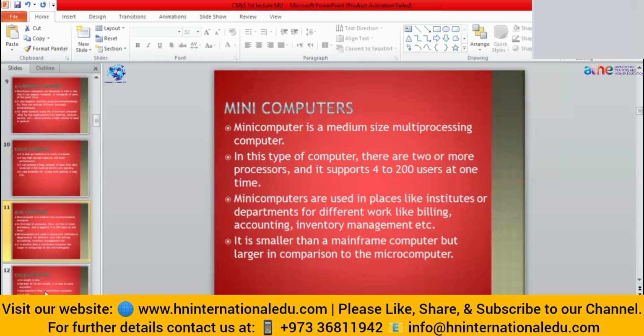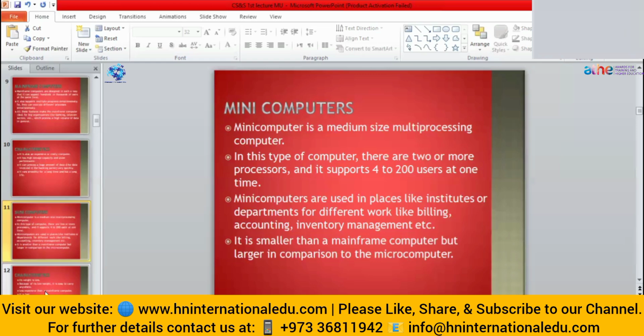But mainframe computers are expensive, and sometimes we have to handle hundreds of users at the same time, not thousands. In that environment, a mainframe computer will be too expensive for our use. So for that purpose, we utilize minicomputers when we have to handle fewer users as compared to the mainframe computers.